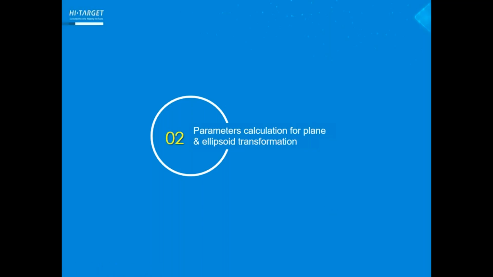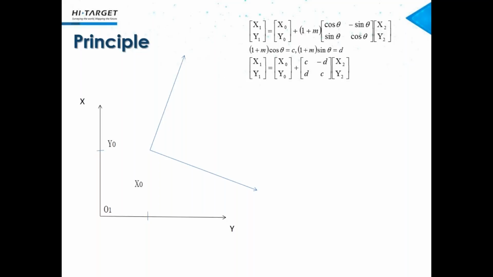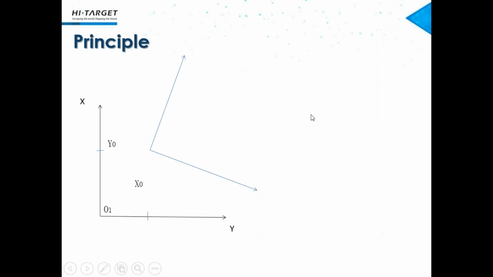So, parameters calculation for plane and ellipsoid transformation. First, let's start with the principle of 2D Helmert. In this picture, you will see that in this formula we should have at least 2 node points to calculate the parameters. But now, let's forget the formula.